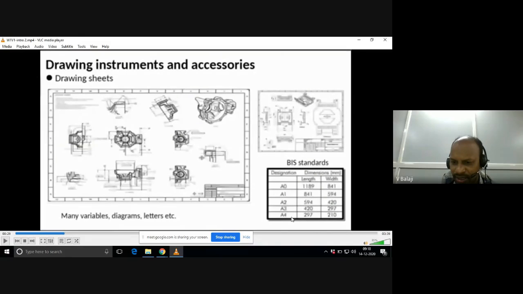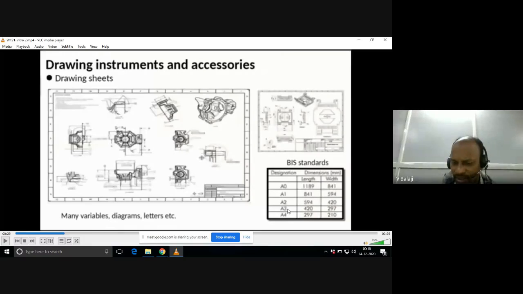You can compare A4 and A3 exactly. You see, A4 width is 210, right? Double that width, you will get the length of the A3 paper. And whatever A4 length 297, that is the same width for the A3. That is the relation between A4 and A3.